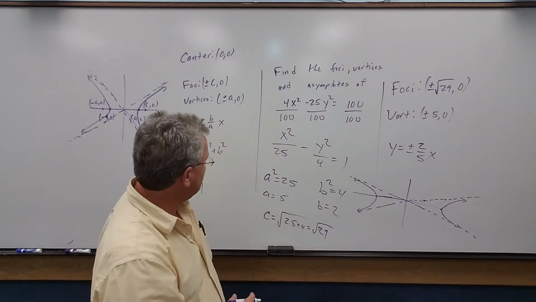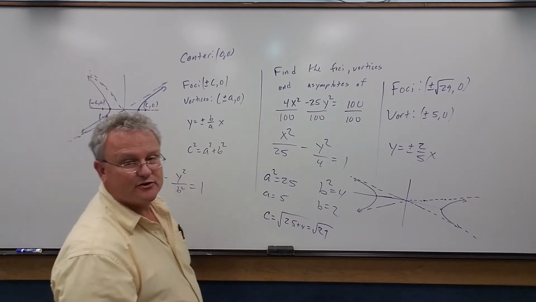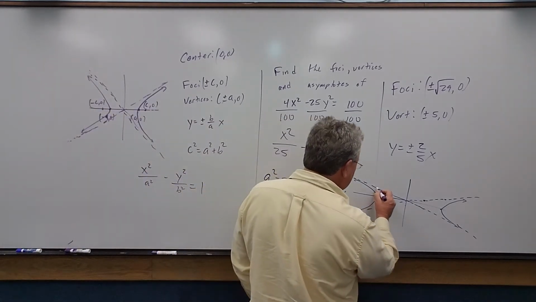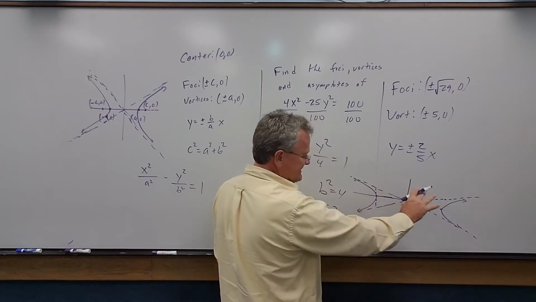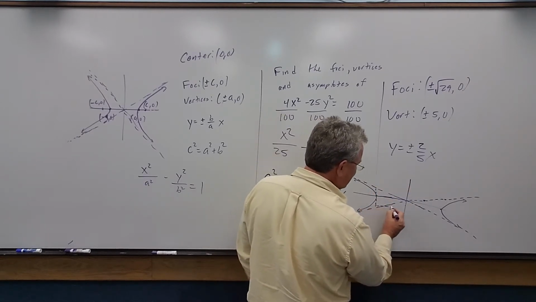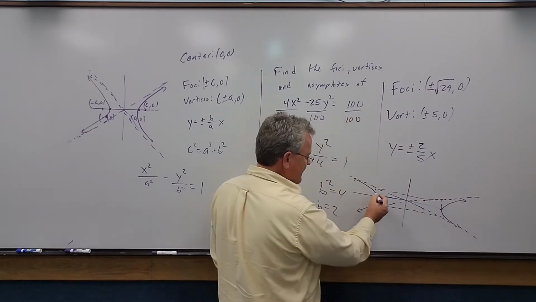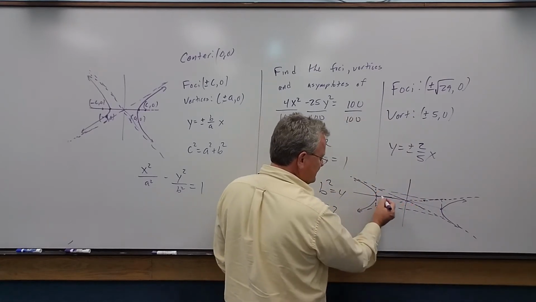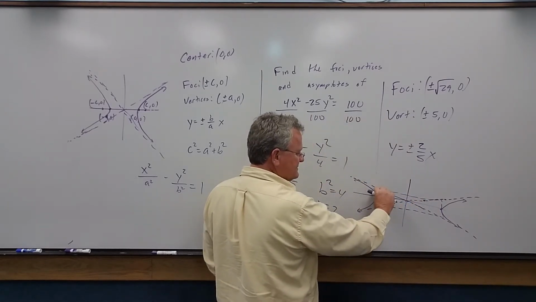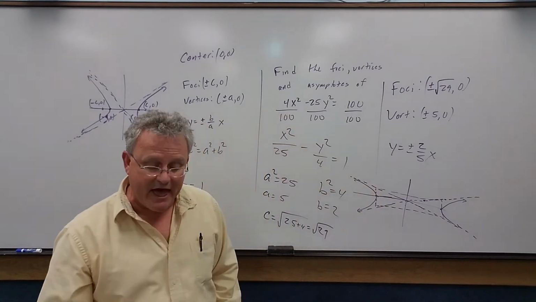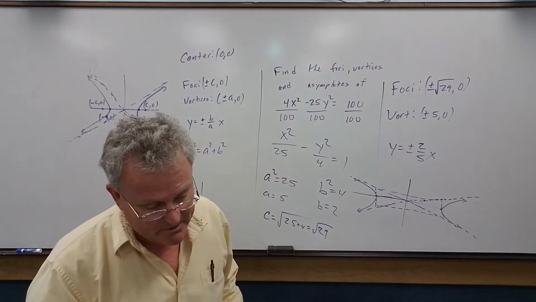Now, just so you know what a and b are, this is not a very good graph, but this distance here is a. This distance right here is our b.